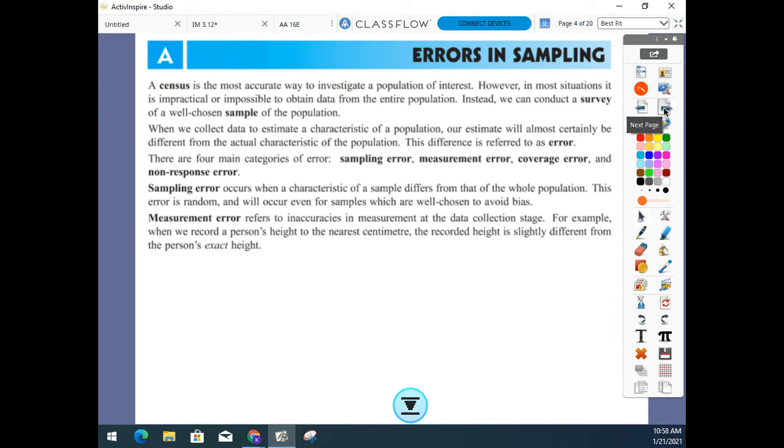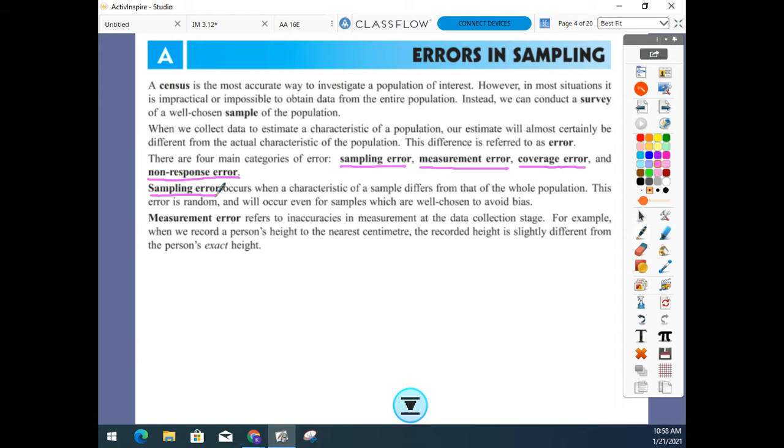Okay. So section A is about errors in sampling. There are 4 types of errors. You can make a sampling error, a measurement error, a coverage error, and a non-response error. So once again, you might want to pause the video.